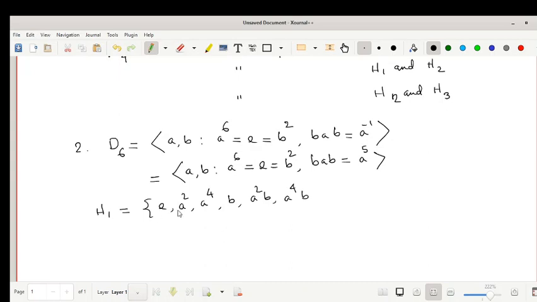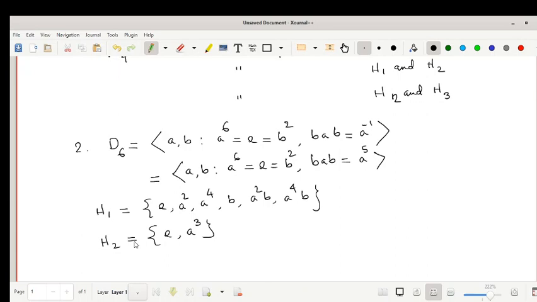How many elements? 1, 2, 3, 4, 5, 6. And if I consider my H2 as identity and A cube, both are normal subgroups. Why is H2 a normal subgroup? If you recall, in D4 we have shown that the center of D4 contains E and S square.